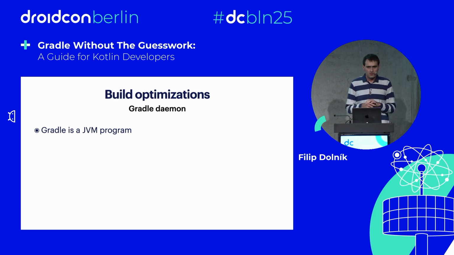Gradle is written in Java, partially in Kotlin, so it's a JVM program. As such, it shares many of the downsides or problems of JVM programs, namely slow startups. That's a problem for a build system which you usually use in a way that you just start a command, it should do something and then terminate.